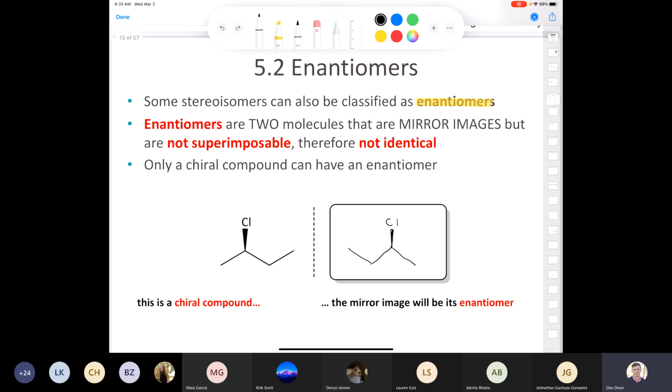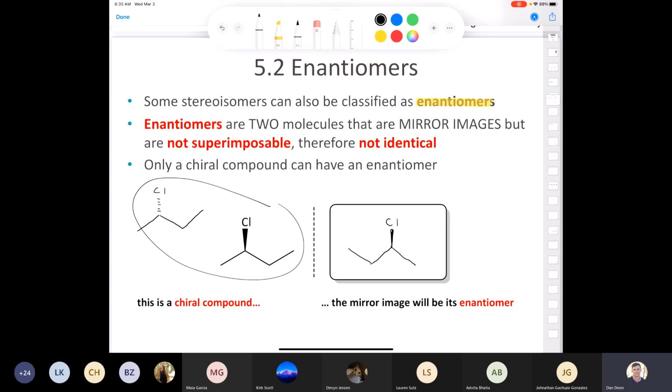However, there is a much faster way to draw an enantiomer, and that is to draw the same carbon skeleton, the exact same thing, but anything that's got a chiral center on it, if it's a wedge, you turn it into a dash, and if it's a dash, you turn it into a wedge. So if I take this wedge and I turn it into a dash, these two molecules are enantiomers of each other.